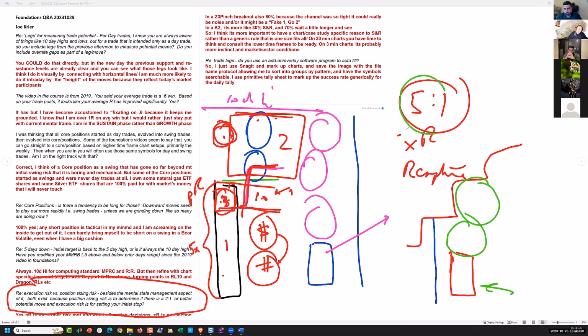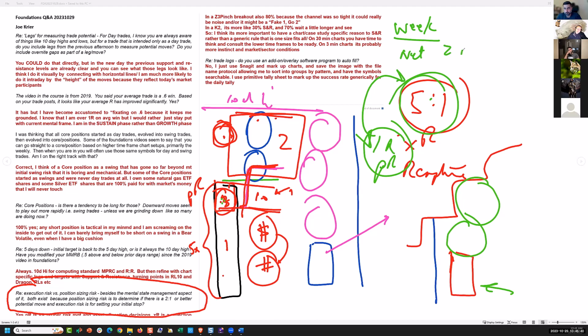So if I get 5 to 1 in terms of how much money I made, if I risked 0.3 or 0.2, it's 1 full R for position sizing risk. But let me tell you this, if on a weekly basis you can net 2 position sizing risk every week, that's 100R a year.